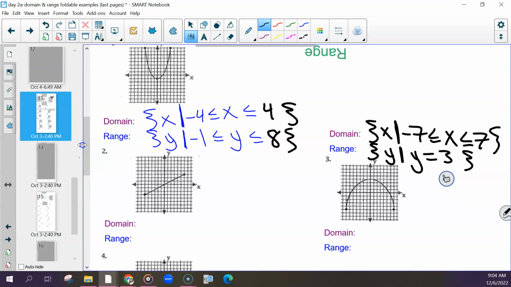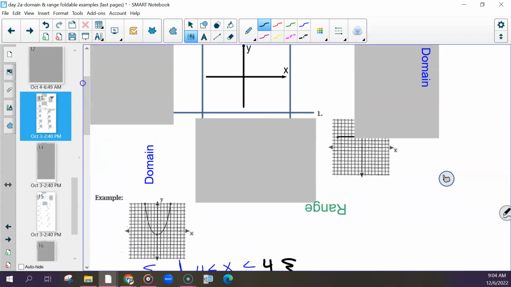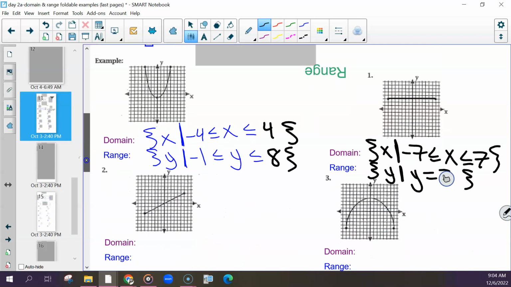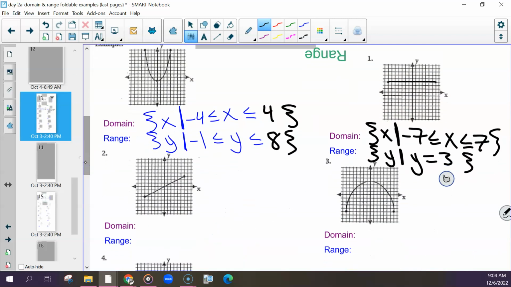After you have your domain and range written, you can go ahead and do that graph and cut out example 2. While you're gluing and cutting, do you have any questions so far on the 2 we've done?